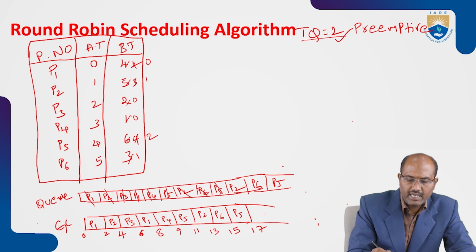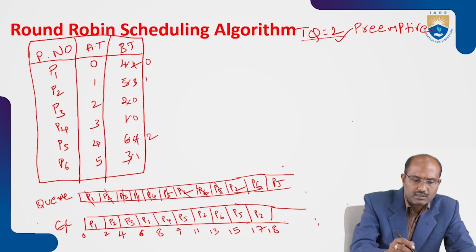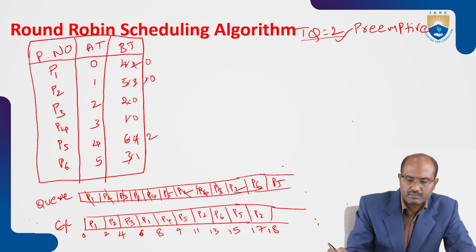Now P2 comes again and executes 1 unit of time, so 18. P2 becomes 0, so P2 completed here.